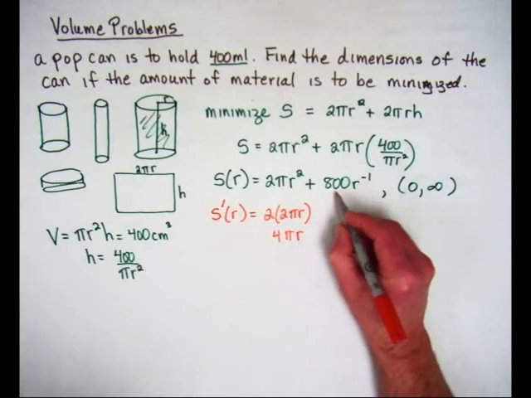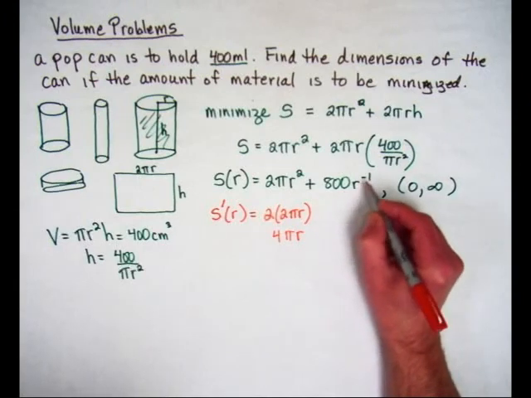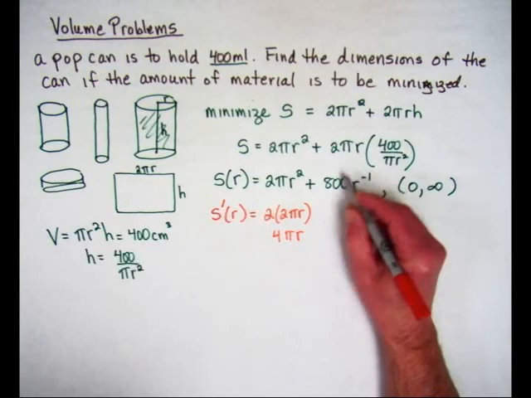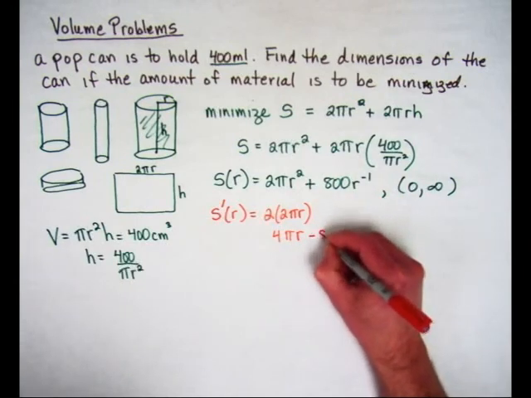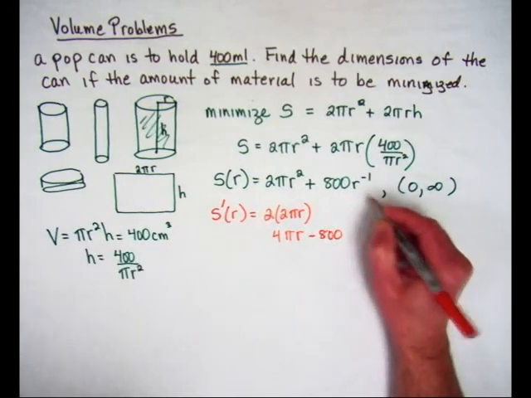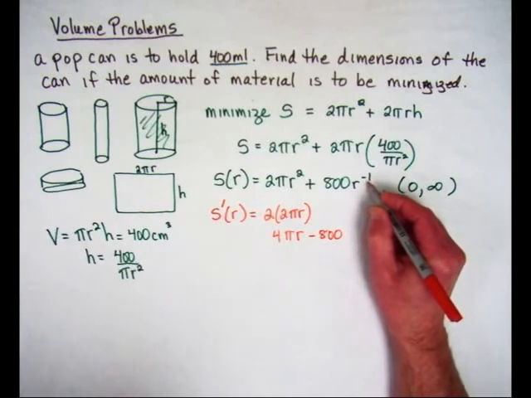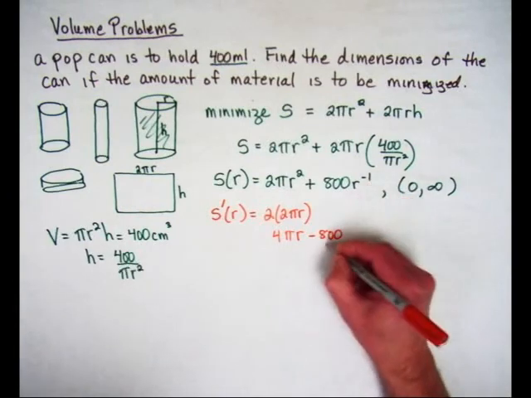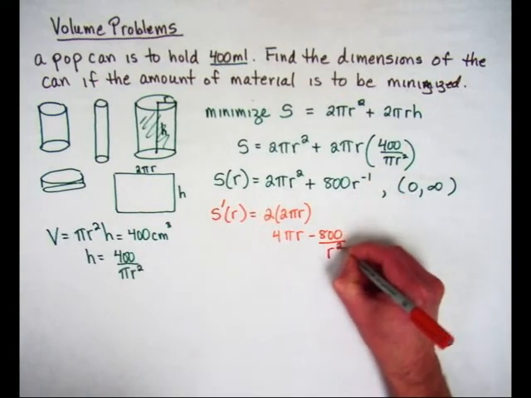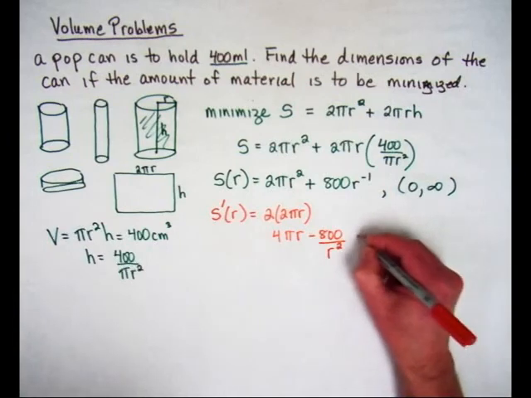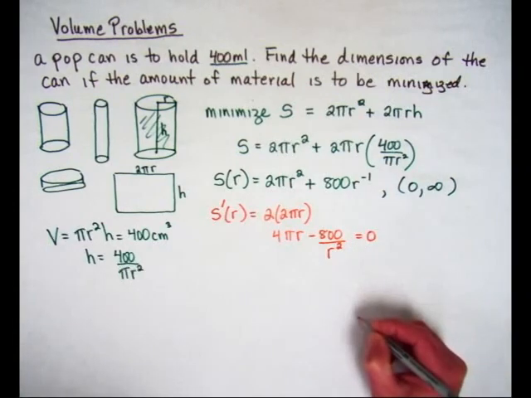When we differentiate 800 times r to the minus 1, the r to the minus 1 is a power, so we multiply the minus 1 out front, so we get minus 800. And then we subtract 1 from the exponent, which will give us r to the minus 2, or we'll just put it over r squared. And then, of course, we know to make that equal to 0.